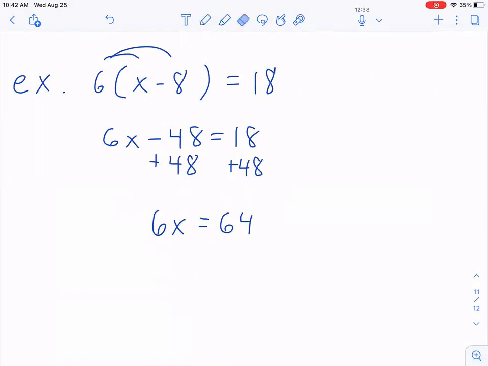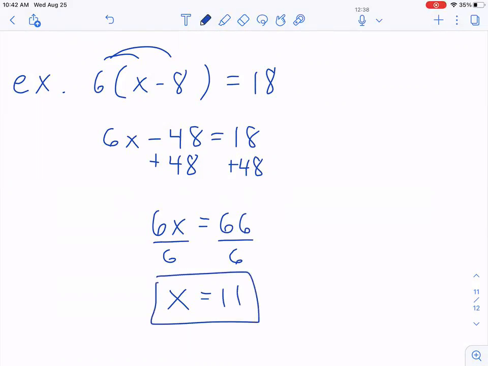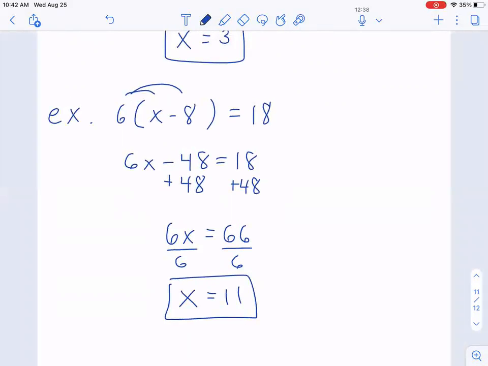Sorry, I added wrong there. 66, right? And then we want to divide both sides by 6. 66 divided by 6 is 11, right? All right, good. So that's kind of what we were doing before.